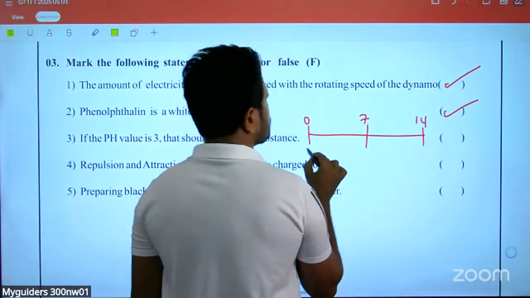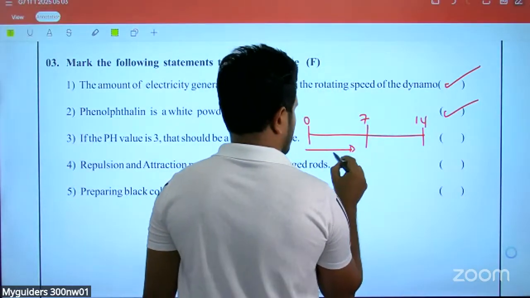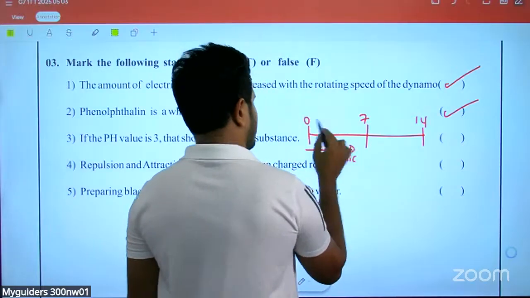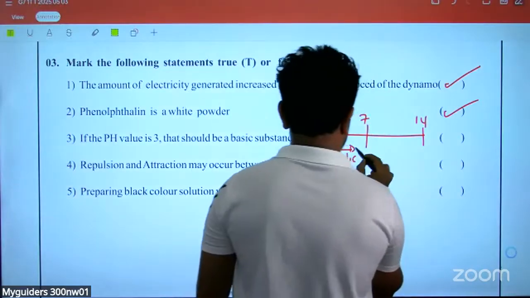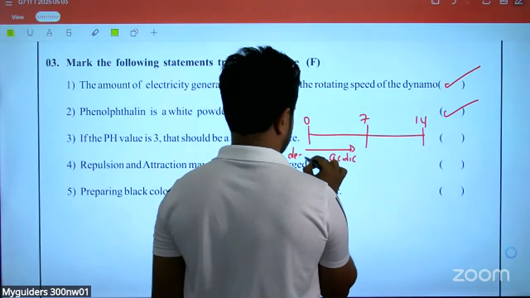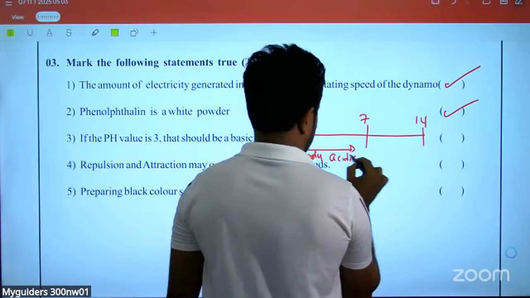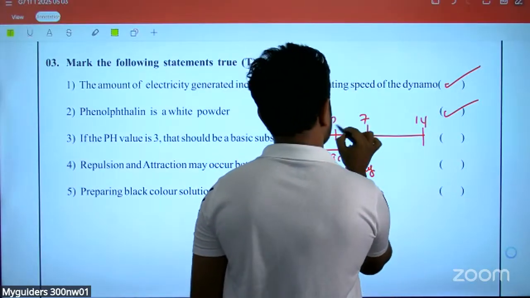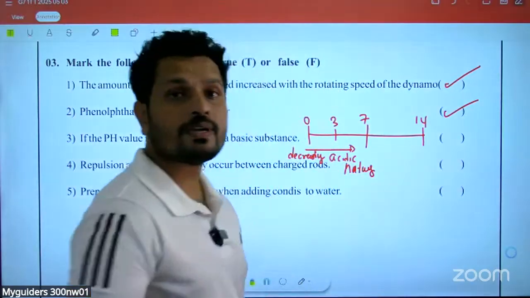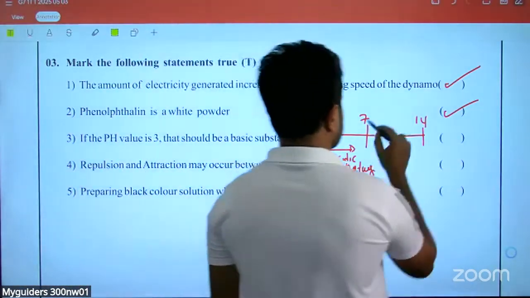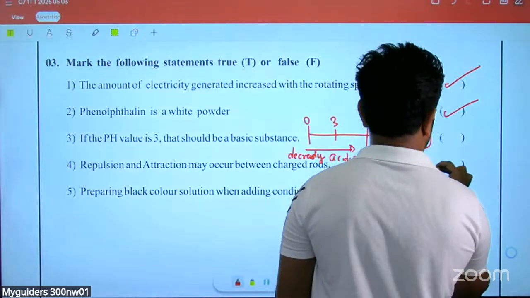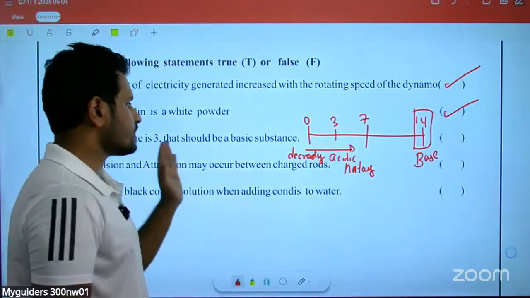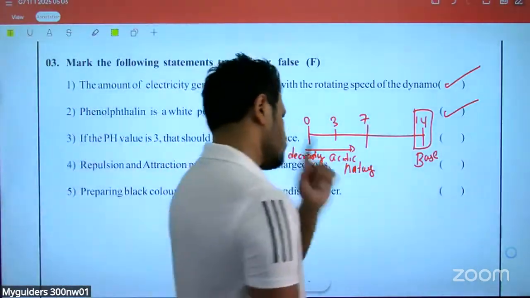So 0 to 7 means this is acidic, highly acidic at 0, decreasing acidic nature. Then 3 කියන්නේ මෙතනනේ, so 3 should be acidic. 7 means neutral, 14 means base. pH value 3 being basic is wrong, it should be an acidic substance.